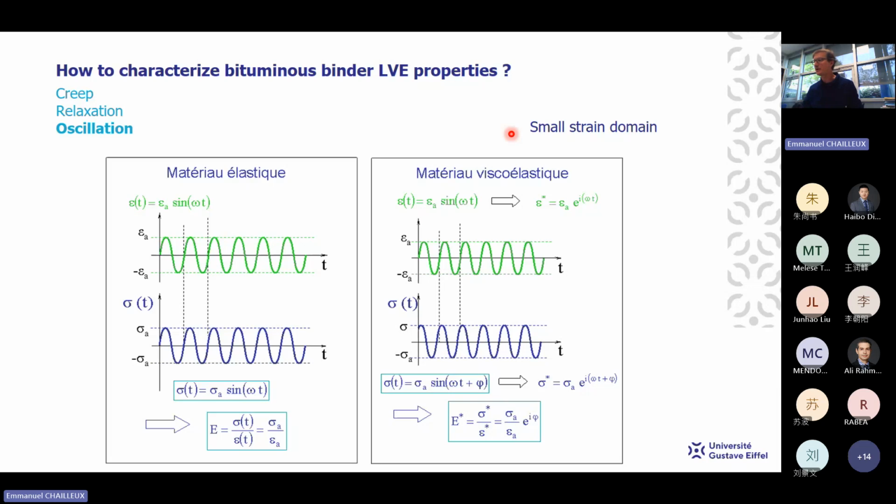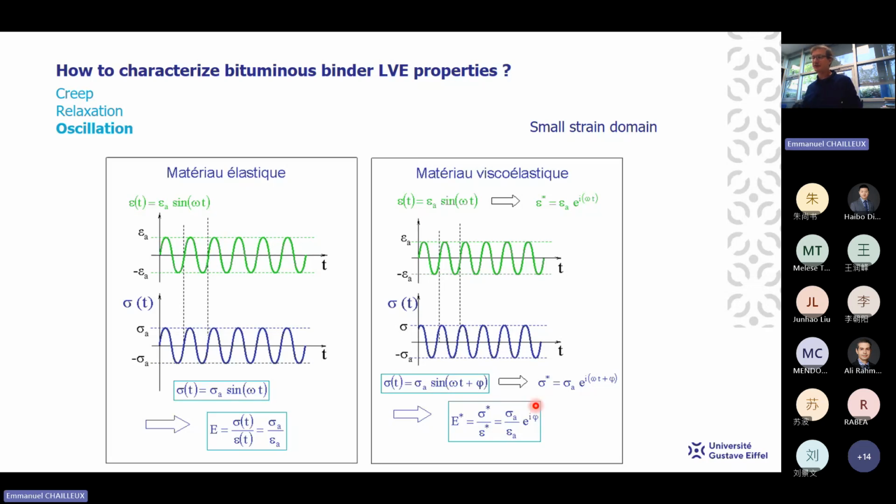We can write this complex modulus as the ratio of the amplitudes times the exponential i phi, where phi is the phase angle. It's a way to describe the transfer function of this sinusoidal loading. So now for our material in the frequency domain, we have two parameters, the complex modulus and the phase angle.